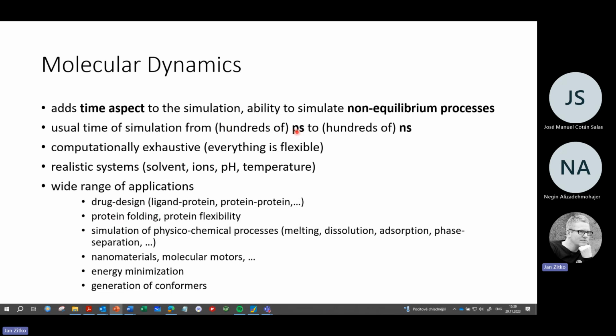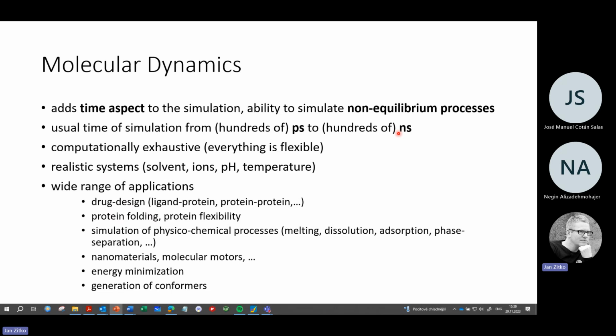That means tenths of nanoseconds. Sometimes, if you study complex processes, for example, like protein folding, I'll have the example later, you might need to study even longer than hundreds of nanoseconds, for example, over 1 millisecond.